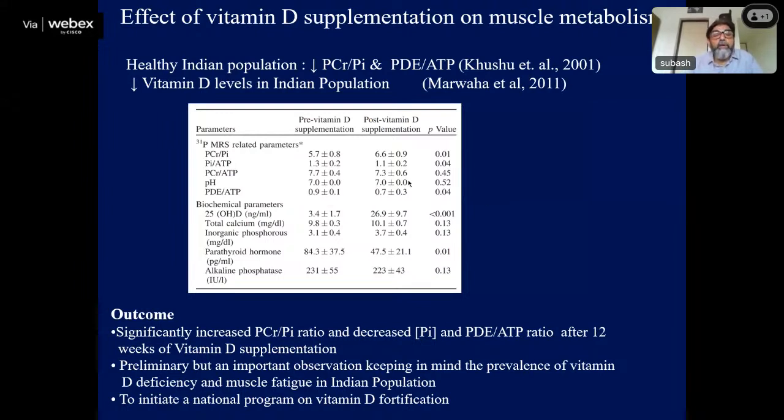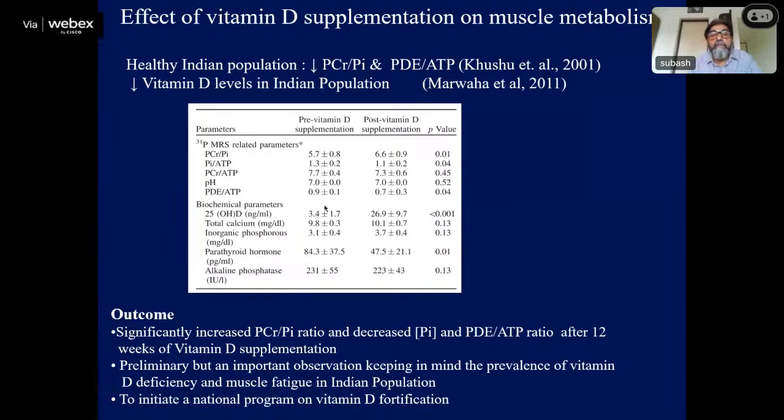We saw very glaring results. After vitamin D supplementation, the muscle functions improved drastically. And you can see all these values, the vitamin D levels on average were 3.4, then they were raised to 26, 27.